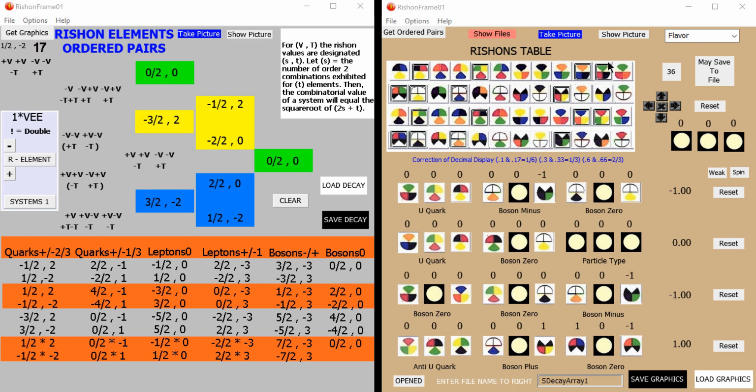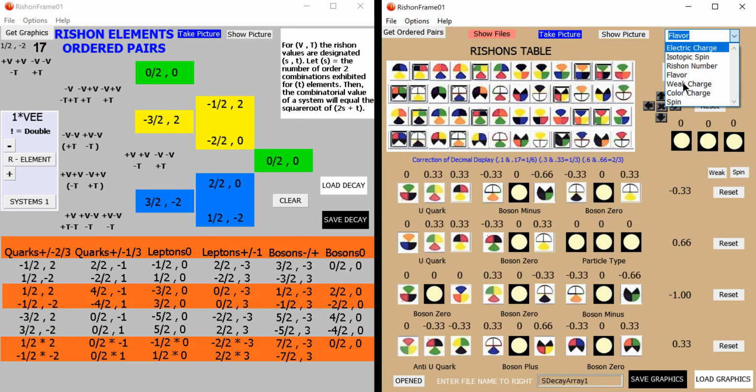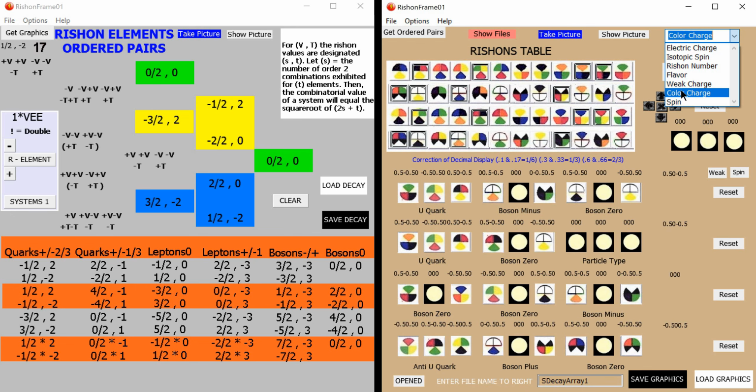And finally, let's look at the color charges. Look at the generic U. The color charges are given by the half semicircles, the right-handed half semicircles.